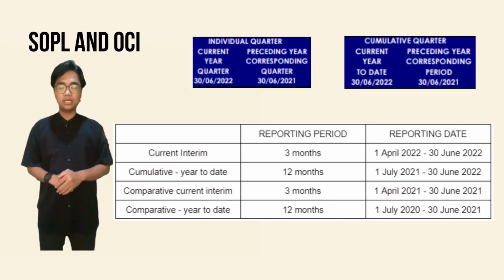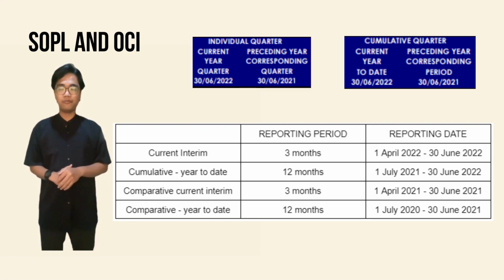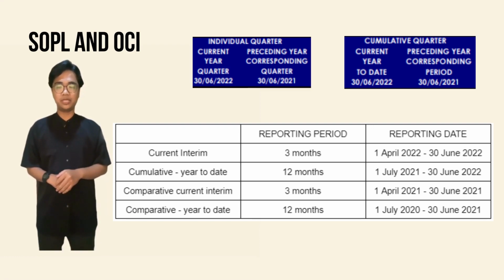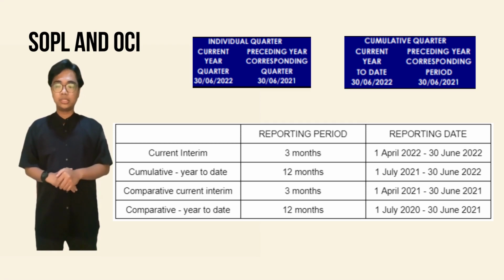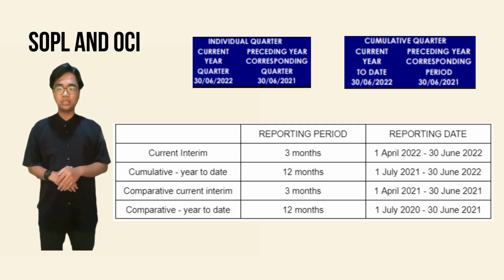Now, we will take a look at the period for the current and comparative of each statement prepared by Sunway Berhad. For statement of profit and loss and other comprehensive income, the current interim period consists of 3 months starting from April 2022 to June 2022.